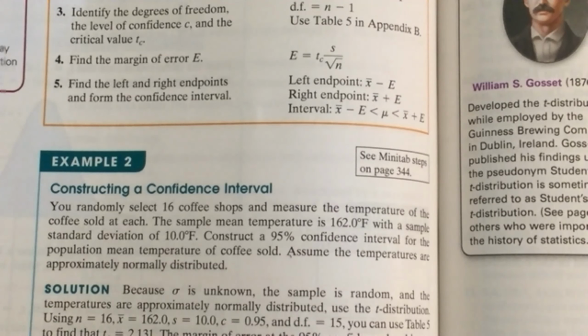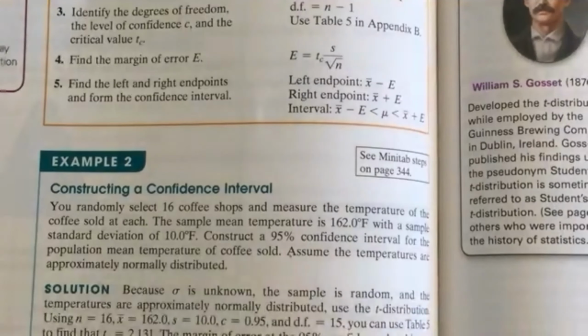But we want to be more precise and come up with an actual 95% confidence interval, so that we can say, if we were to sample shop after shop after shop, we could be 95% sure that our confidence interval would capture the true mean. In other words, that our estimate is pretty good.